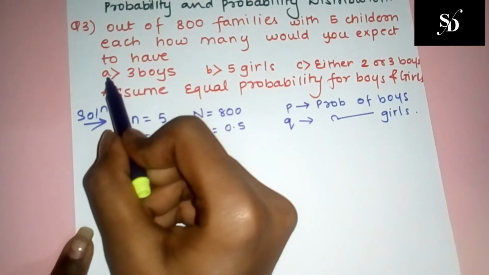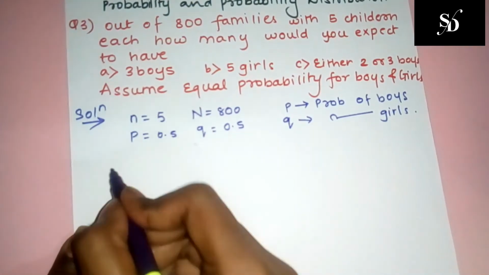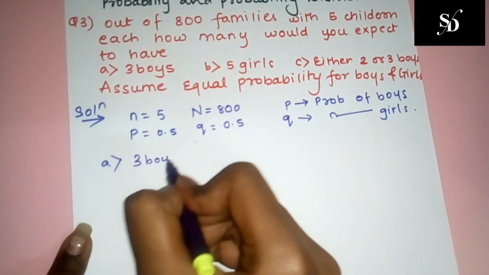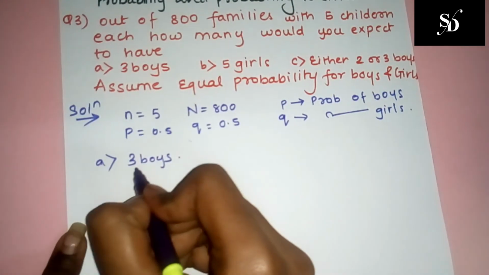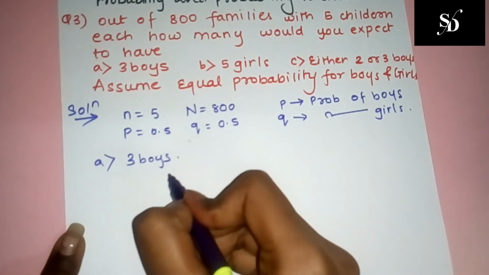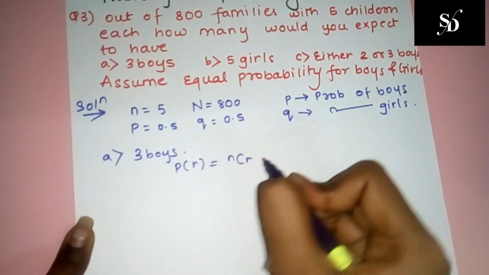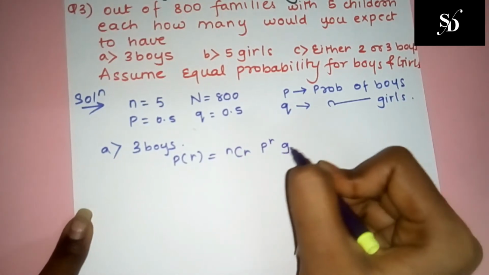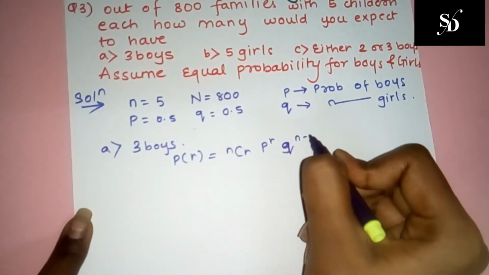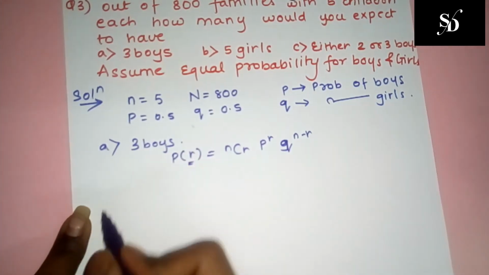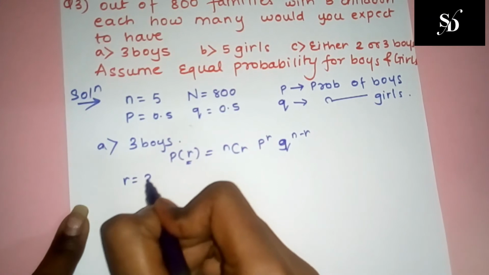Here in A, they have given that we need to have 3 boys. Now in our formula, if you remember, P of R is equal to nCr P raised to R, Q raised to n minus R. In this formula R will be 3, so here they have given R is equal to 3.